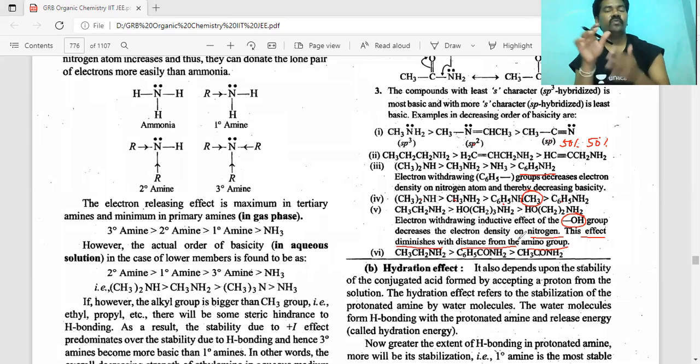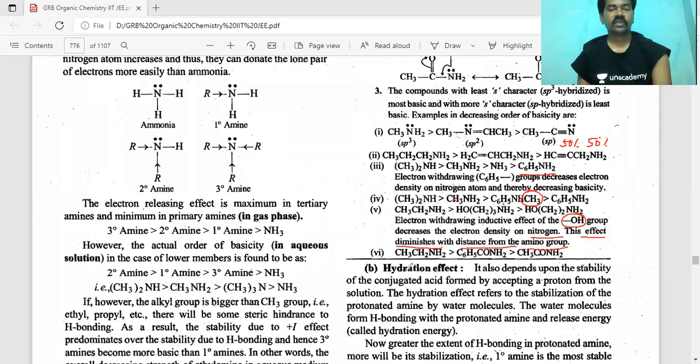If the OH group is directly attached to nitrogen, basicity will be very less. If it is somewhat far away from nitrogen, basicity is somewhat more when you compare those two.